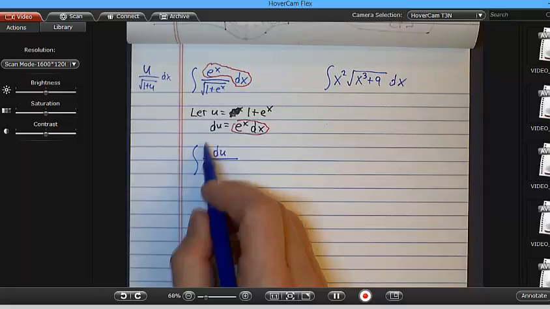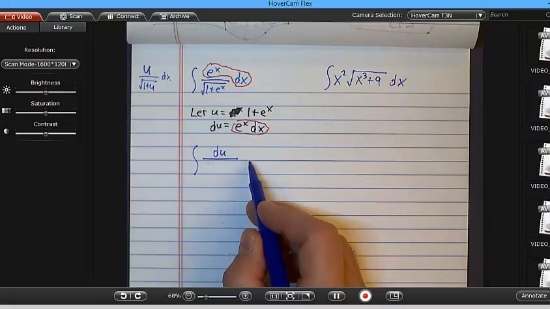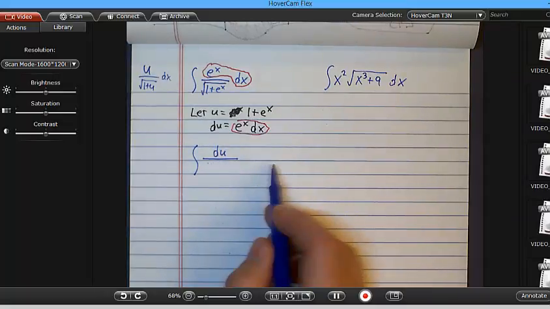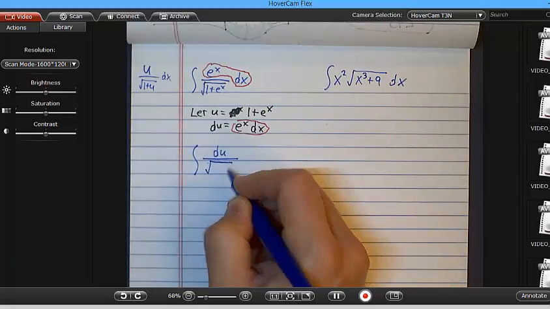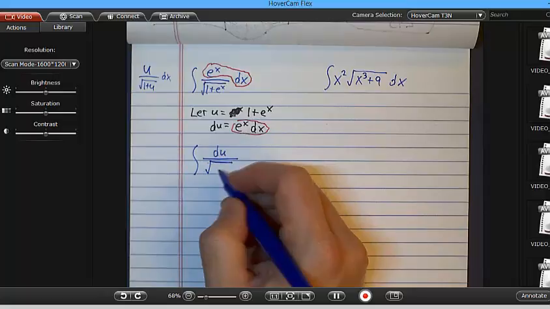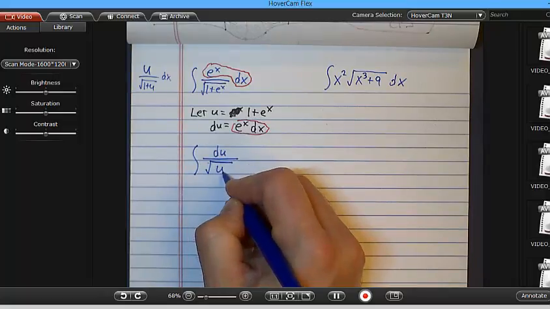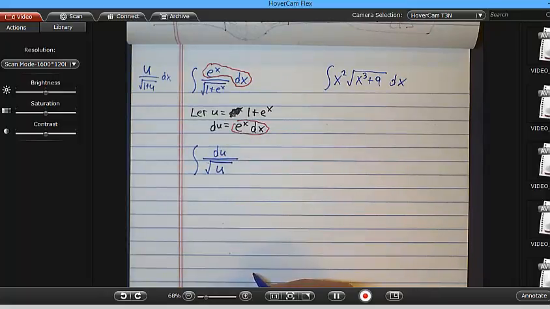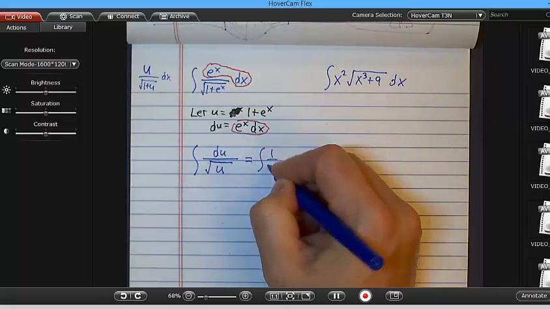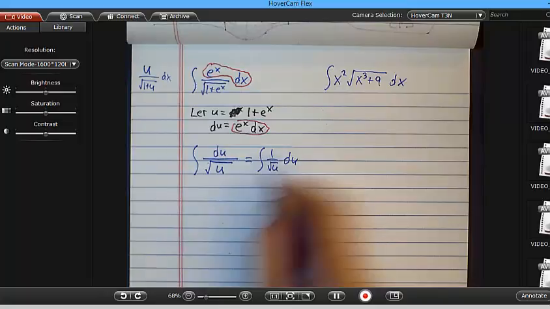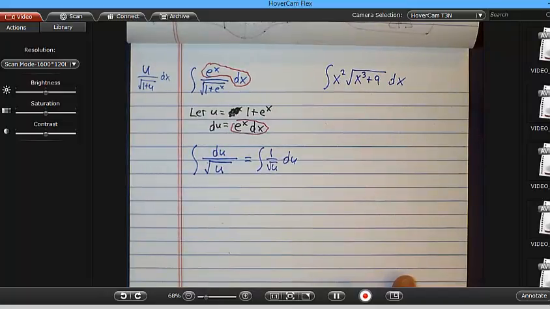I could either put it there or I could put a 1 and put the du out. I've shown you guys that, right? You can put it either place. And then I have the square root of u. Guys with me? Another way to write this, I guess, is 1 over the square root of u du. I don't know which way you're more comfortable with. They're the same.